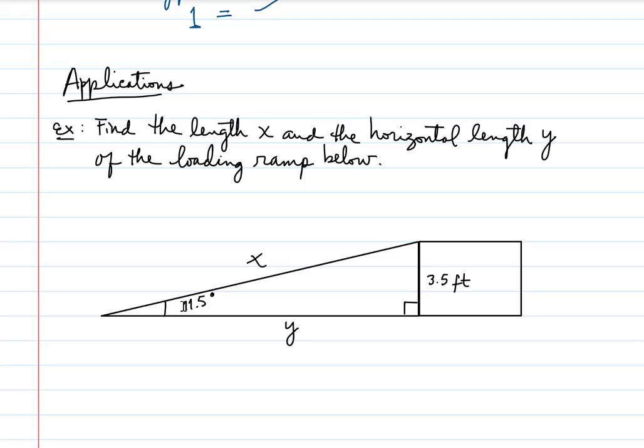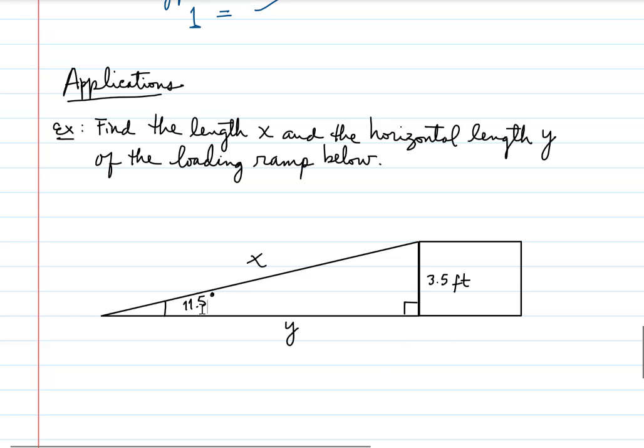So this is a very practical problem, especially if you're doing something like this yourself and you want to build a ramp. So here we need to figure out 2 things. There are 2 questions here. Now notice how we're given an angle and we're given one side. If you look at the right triangle here, you're given one side, 3.5 feet. Now, if we had x or y, in other words, if we had a second side of this right triangle, then we would be done, right?